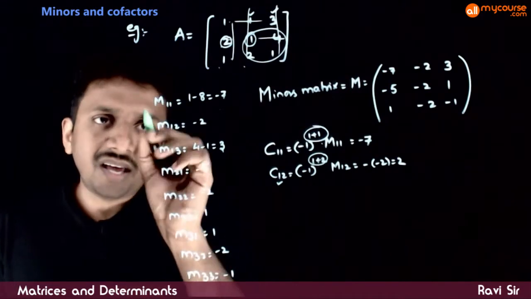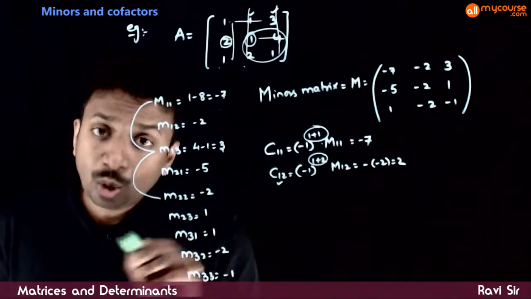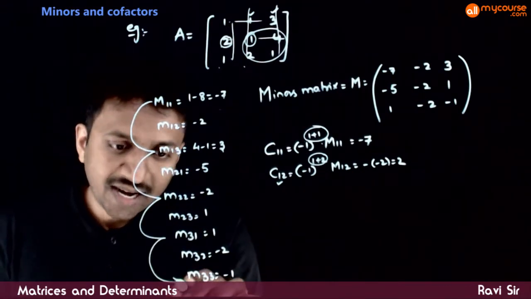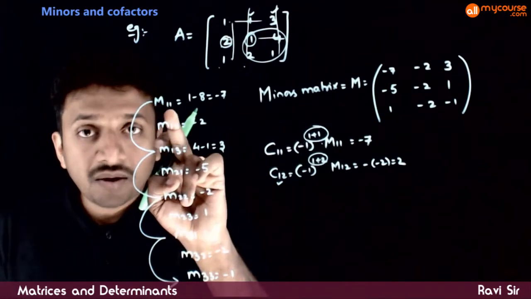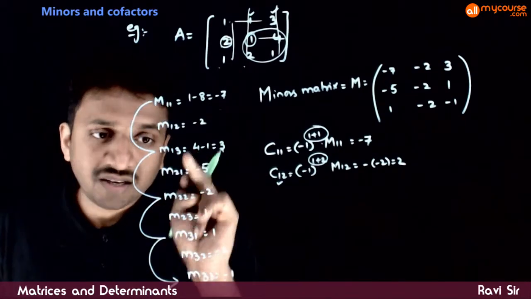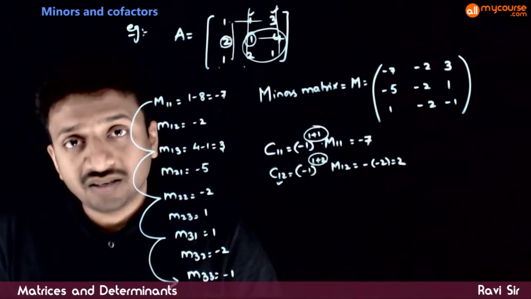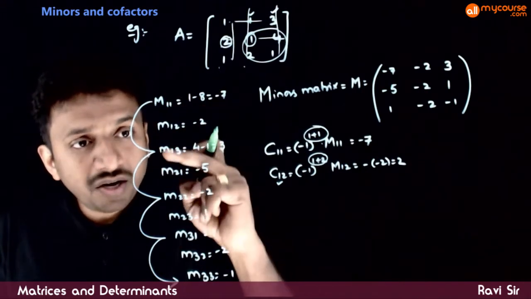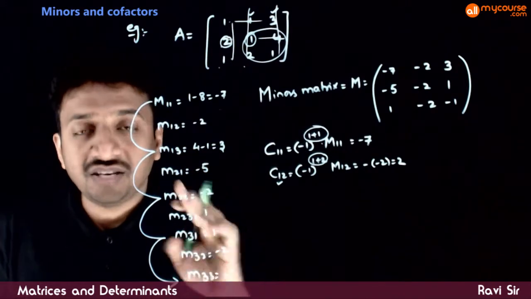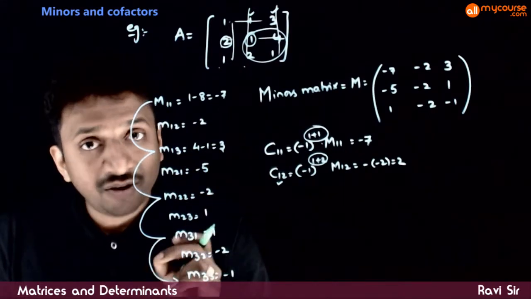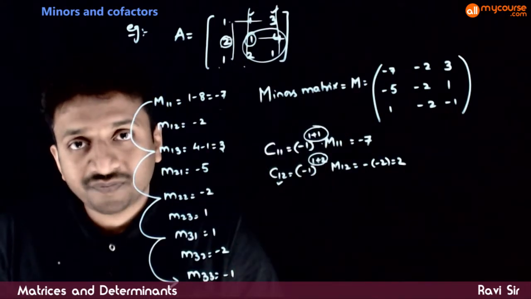Now, corresponding to 1,1, 1,3, 2,2, 3,1 and 3,3, i plus j is even. 1 plus 1 is 2, 1 plus 3 is 4, 2 plus 2 is 4, 3 plus 1 is 4, 3 plus 3 is 6. So corresponding to these 5 elements, the value of i plus j is even. If the value of i plus j is even, Cij is exactly the same as Mij.